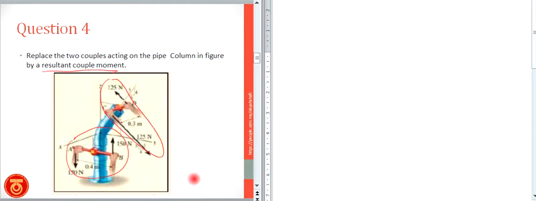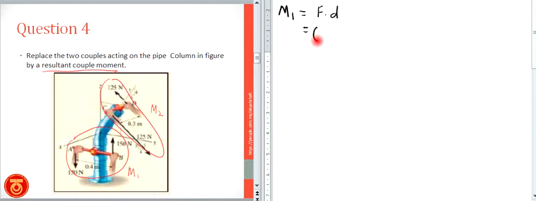So M1 and M2. For M1 equals F dot D, and the force is 150 times the distance 0.4.